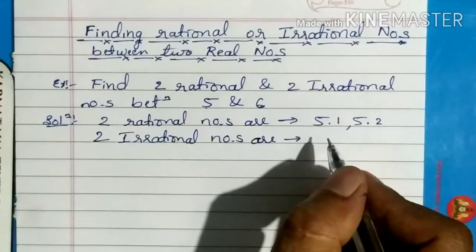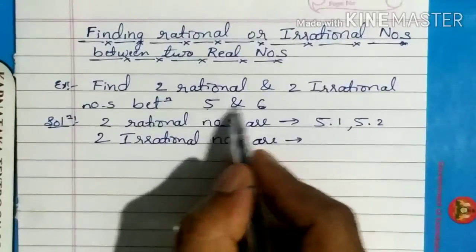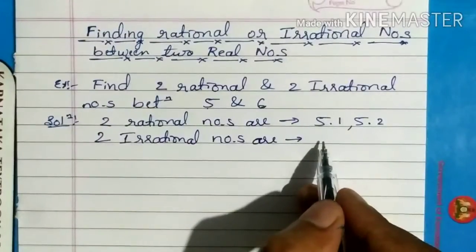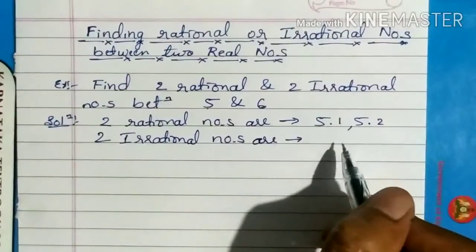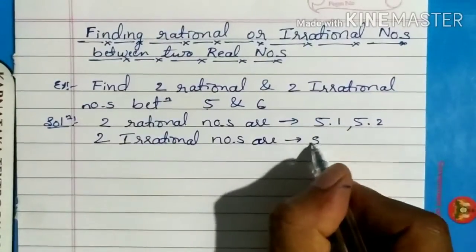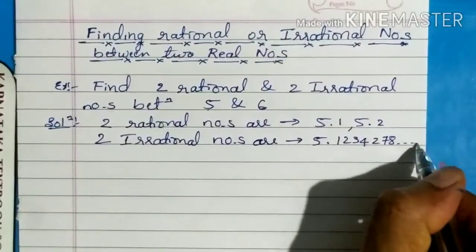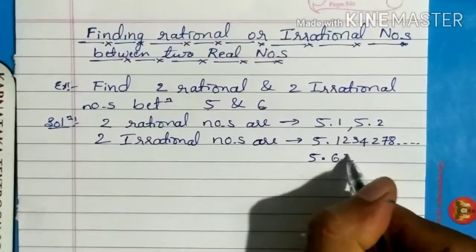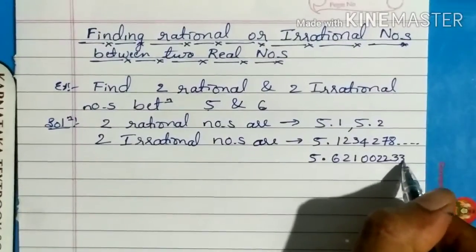Similarly, two irrationals. Here we have to find two irrational numbers between 5 and 6. You should know that an irrational number means after the decimal expansion there will be no particular order, no repetition of a particular number. There will be random digits and it is non-terminating. So definitely you can write 5.1234278 and so on, or you can also write 5.621002233 and so on.